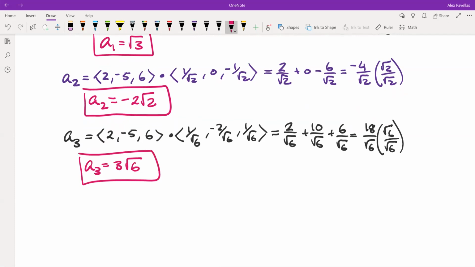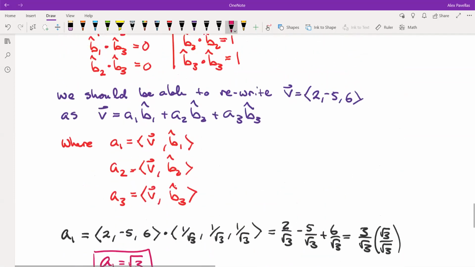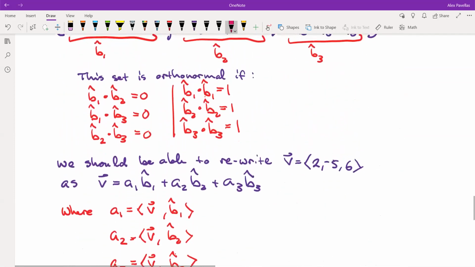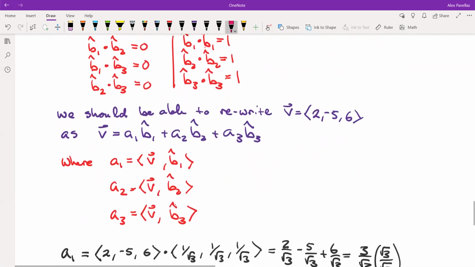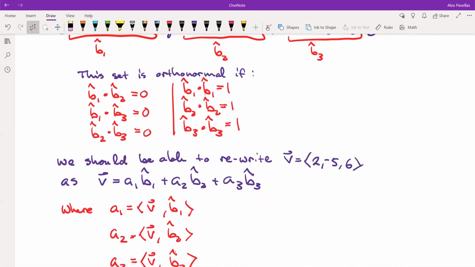Cool. Right on. So what now? Now that we've got our A's, we should be able to write this as A1 times B1 hat plus A2 times B2 hat plus A3 times B3 hat.